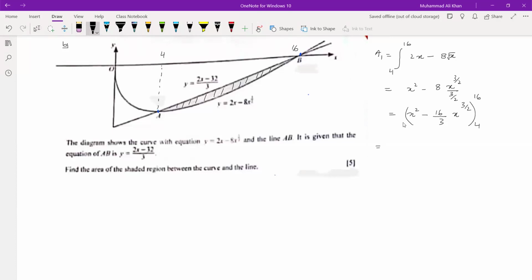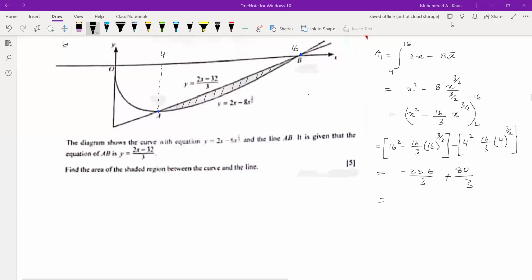Apply the upper limit. So it will be 16 squared minus 16 over 3, 16 power 3 over 2, minus the lower limit, which is 4 squared minus 16 over 3, 4 power 3 over 2.